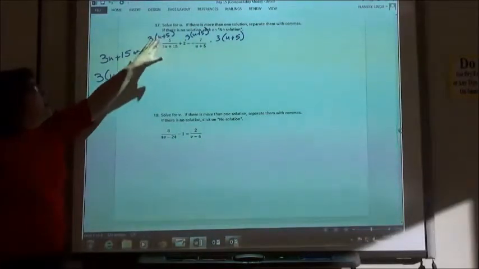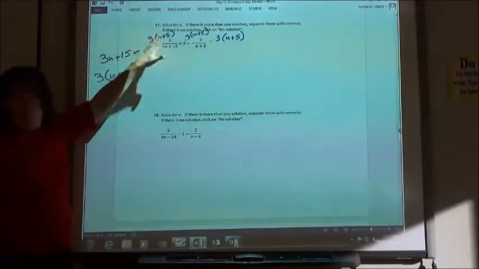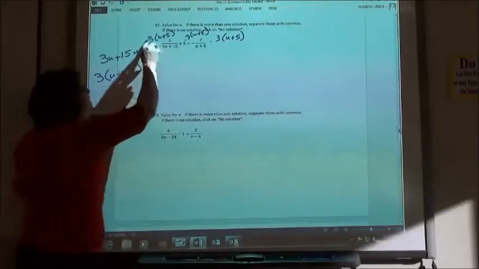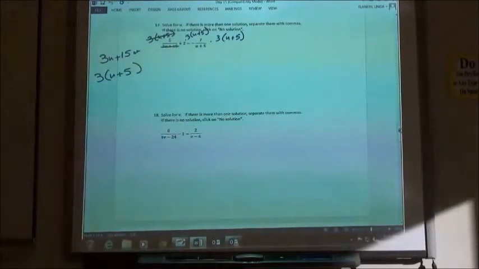What we have to recognize is that this and this are the same thing. So we can cancel out the whole thing, right? The 3 times u plus 5 is the same thing as 3u plus 15. It's just in factored form. So on that first one there, the whole thing's going to cancel. We're just going to get the 5 that's on top.